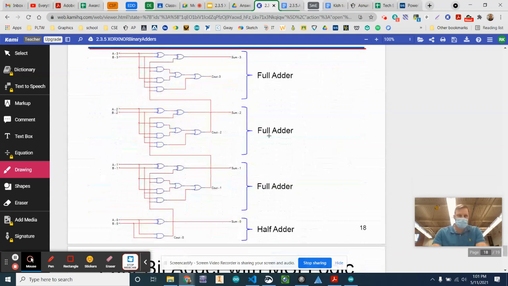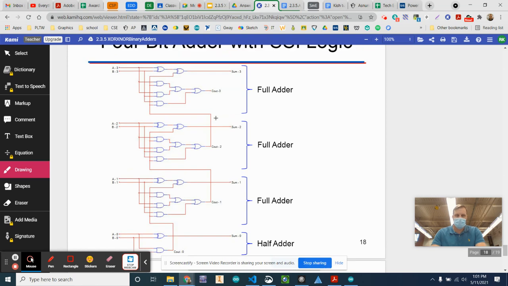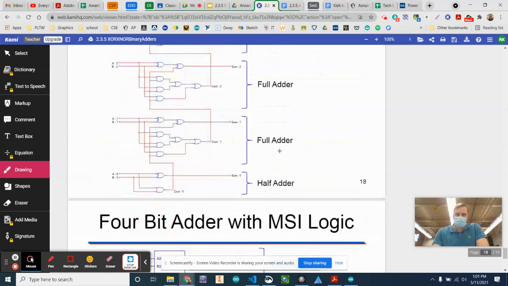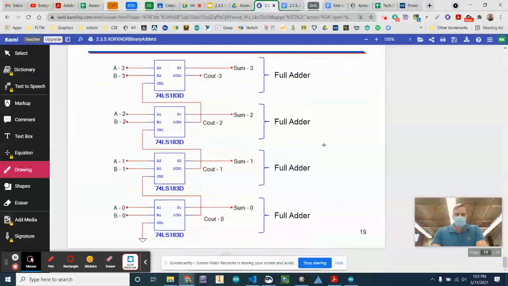All right, and again, this is what it would look like. This would be the first one in line. So a half adder, a full, and a full would be the equivalent of doing this 4-bit binary addition or subtraction. And really in Multisim, or if you were to breadboard, this is what the packaging would look like.